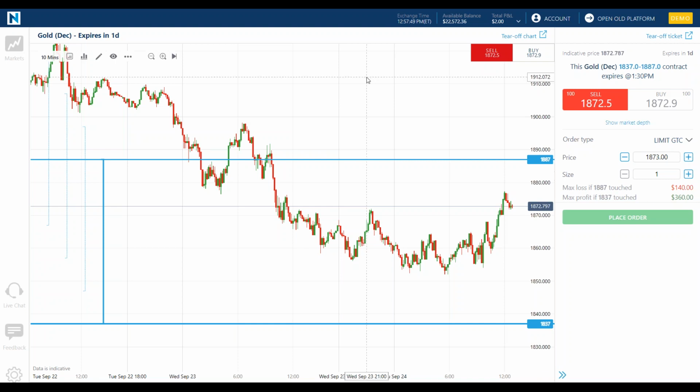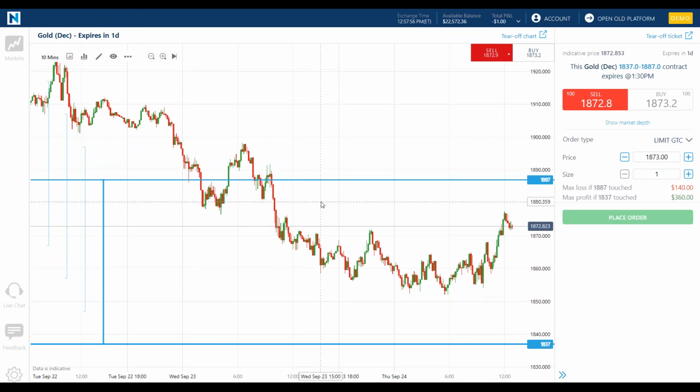Now, what happens? This contract expires in one day. It's a weekly contract. What happens if in the next day gold doesn't touch either one of these levels? Well, then I will experience either partial profit or partial loss.